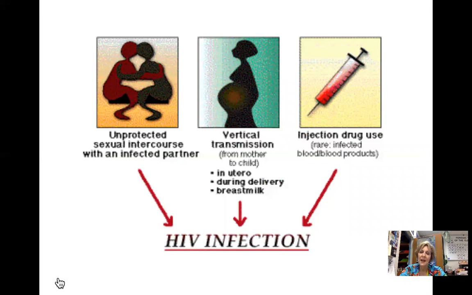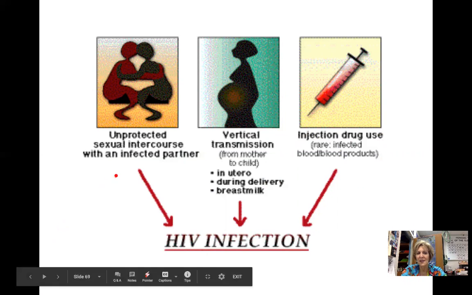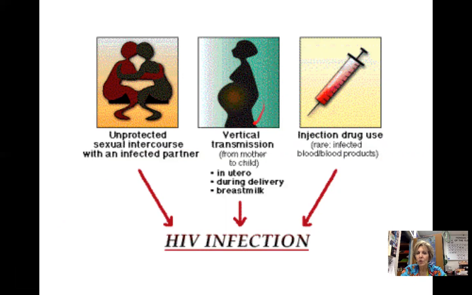So again, how do you exchange body fluids? Well, unprotected sexual intercourse with an infected partner. This is the major way. Virtual transmission from mother to child. So in utero, during delivery, and by breastfeeding, an HIV positive mother can infect her baby that way.